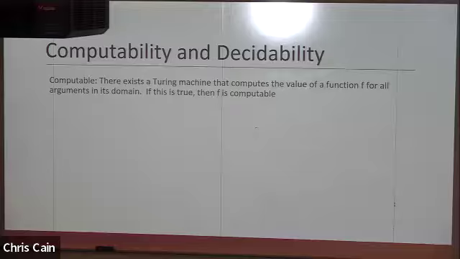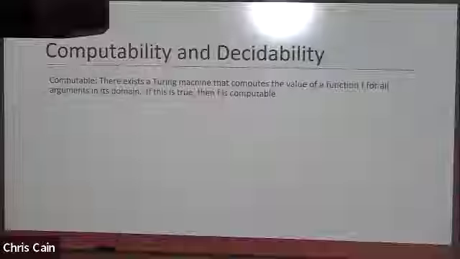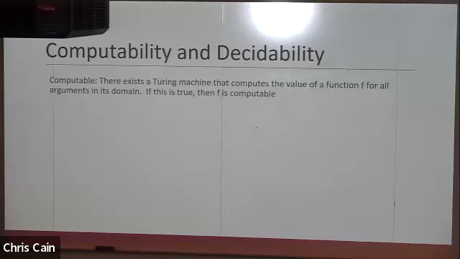This is just about every algorithm you've ever written, where we're converting inputs into outputs. It says for every input in the domain, there exists one output, and that's the case in order for it to be a function. So any problem is computable if we can find such a function.